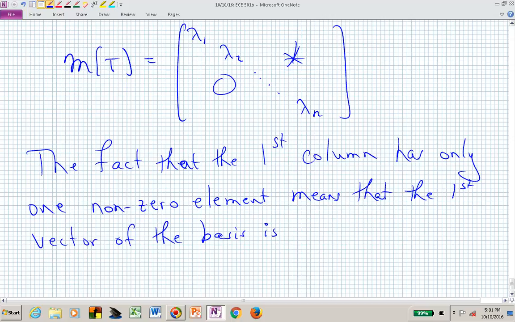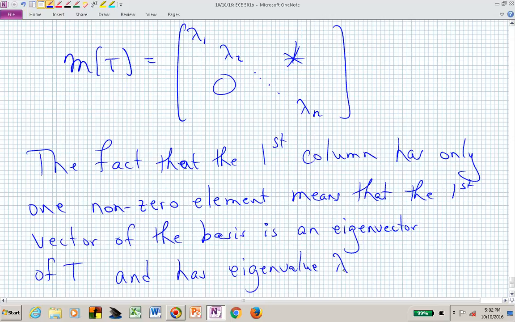So the first vector of the basis is an eigenvector of our linear operator T, and it has eigenvalue lambda 1.